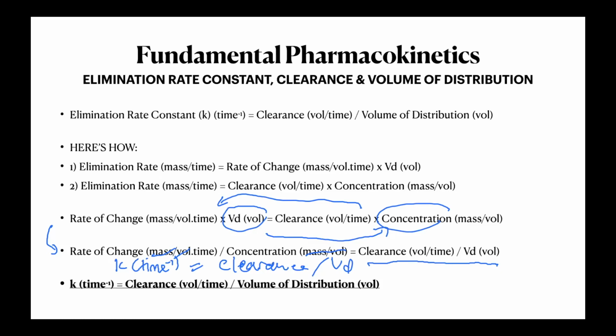And when you decrease your volume of distribution, remember that drugs are only cleared from the central compartment. So if you reduce your volume of distribution and most of the drug is being held in the central compartment, it means that a lot more can get cleared, which is also why a reduction in your volume of distribution will increase your elimination rate constant.